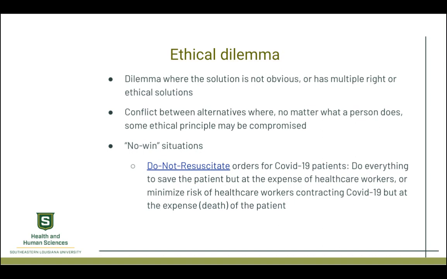But at the same time, she has to be conscious of the fact that she doesn't want to lose my mother, and therefore she doesn't sign the do not resuscitate order. So this is how an ethical dilemma can happen.